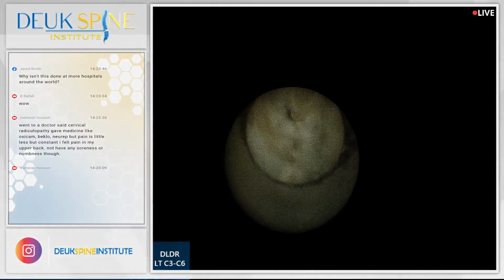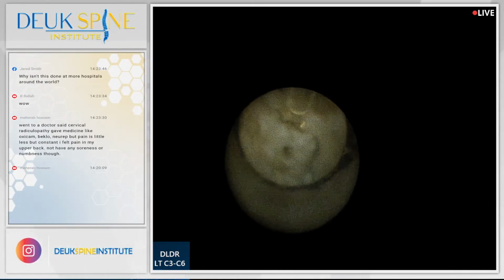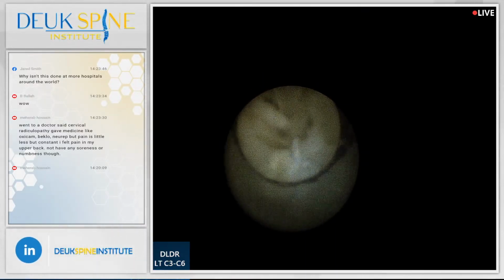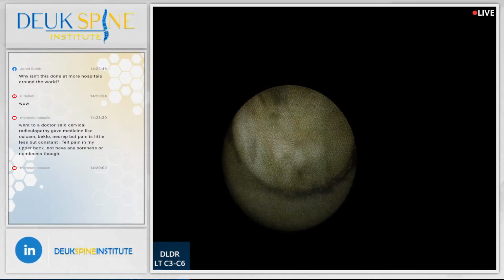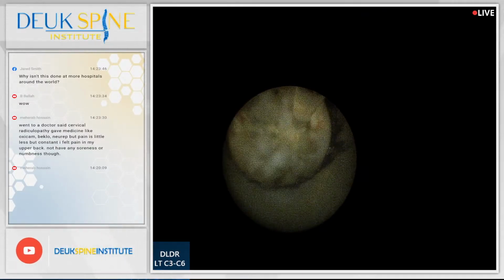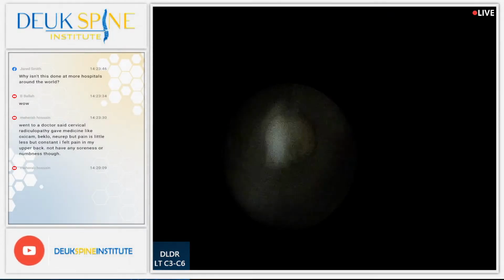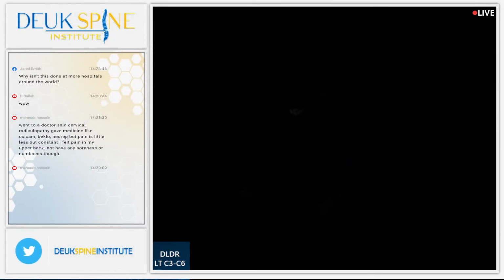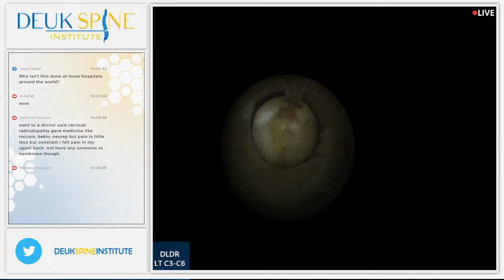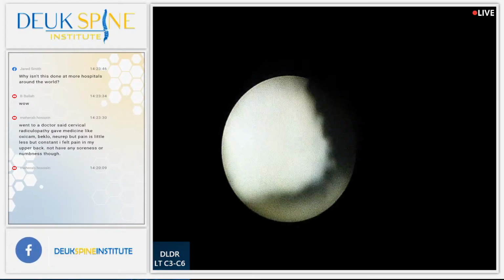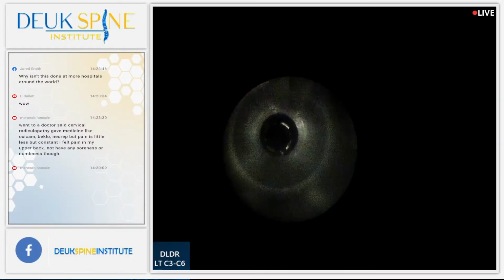I felt pain in my upper back, not having soreness or numbness though. Yeah, that's not radiculopathy. You were misdiagnosed. Are you in America? Bangladesh. Yeah, that's not radiculopathy.